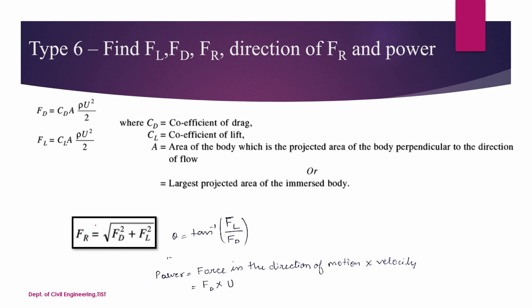The total force Fr is equal to root of Fd square plus Fl square and theta is equal to tan inverse Fl by Fd. The power exerted by the body on the fluid or vice versa can be found out by multiplying the force in the direction of motion, which is nothing but the drag force Fd, into the free stream velocity.